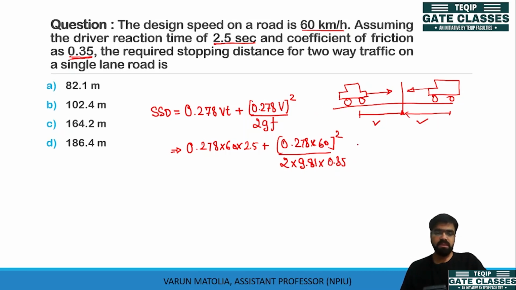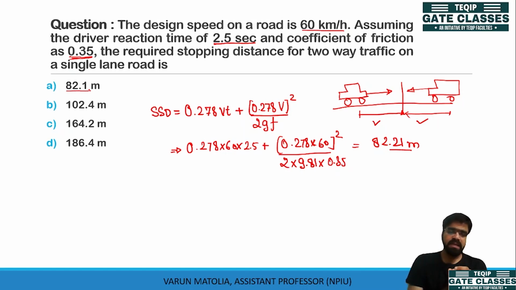So here the answer is coming out to be 82.21 meters. The answer is here, but this is for one vehicle. Don't get confused. After the calculation our mind is convinced that this is the answer, and if we see this value in the options, we directly put this value as the correct value.